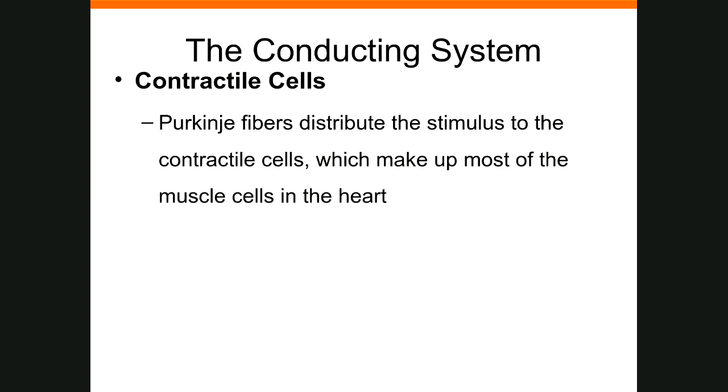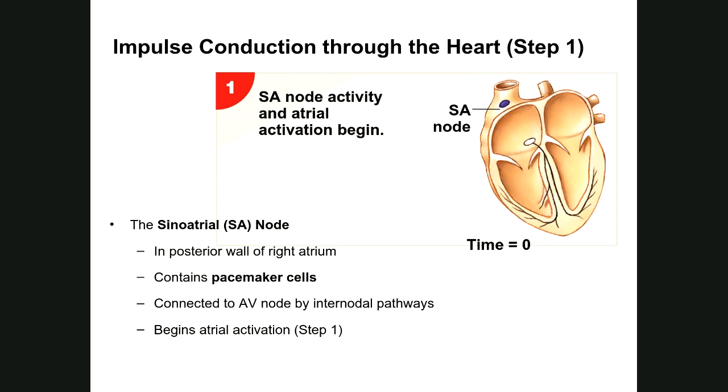So let's look at the impulse conduction through the heart. In step one, as I said, there is SA node activity and the atrial activation begins. The SA node contains pacemaker cells, and they are connected to the AV node through the internodal pathway.